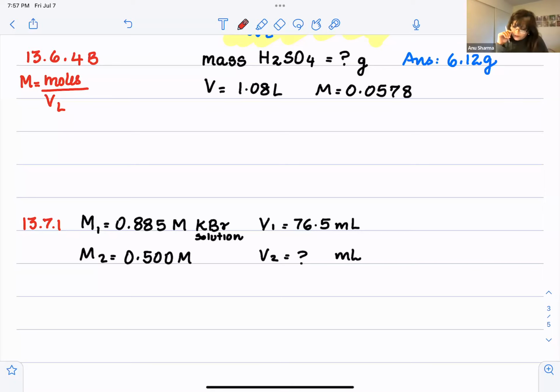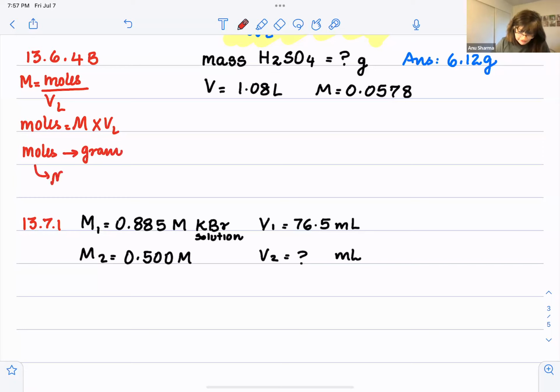Using this, you can find the moles: moles is equal to molarity times the volume in liters. Molarity and volume are given. Next, you're going to convert the moles to grams using the molar mass. So this is the strategy you're going to follow.